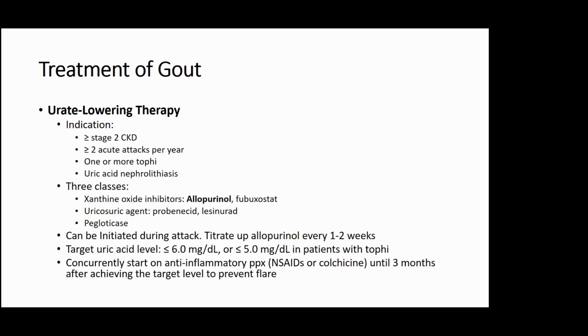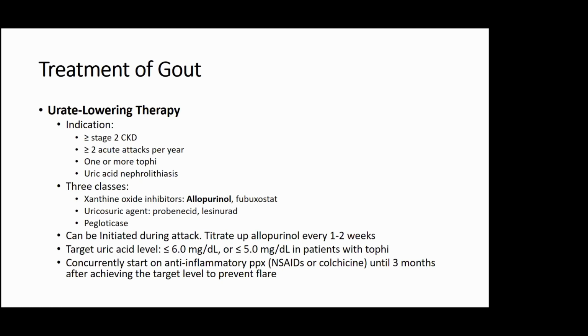For any patient with stage 4 or 5 CKD, we need to be more gentle with the allopurinol dose. We could start with 50 milligrams per day and then titrate up by 50 milligrams every few weeks. The guideline recommends a treat-to-target approach, reducing the uric acid level to lower than 6 in patients without tophi, and keeping the number lower than 5 in patients with tophi.